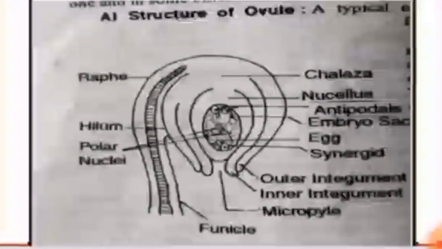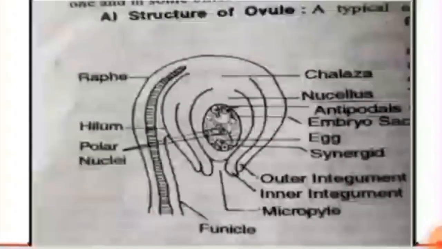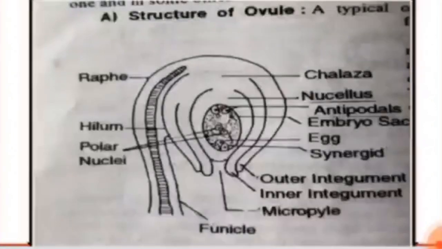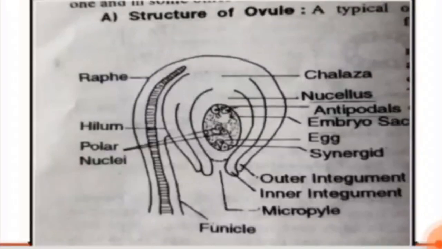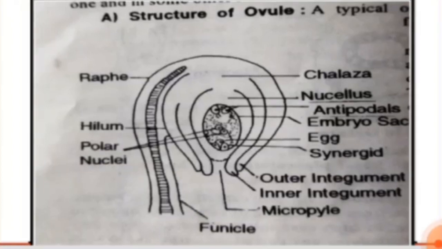Of these 8 nuclei, 3 form the antipodals and the remaining are opposite the micropylar end in the sac. In the middle of the embryo sac, 2 polar nuclei, also known as secondary nuclei, fuse and form the secondary nucleus. The remaining 3 nuclei form the egg apparatus towards the micropylar end in the embryo sac.